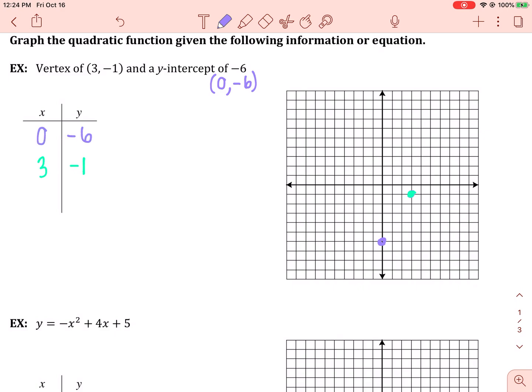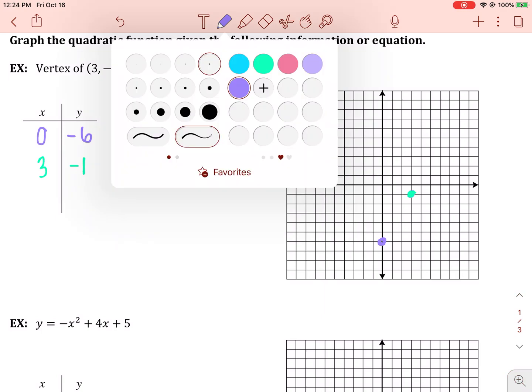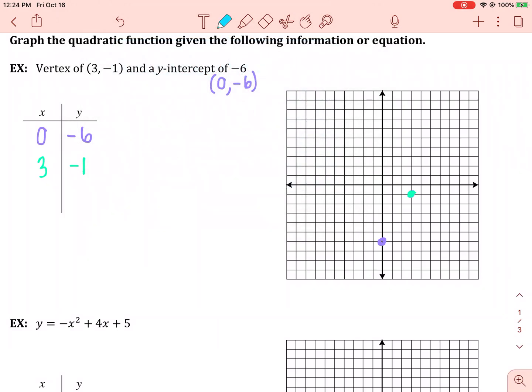And now I need to find a point on the right. You really could plug in any x value that's greater than 3. I'm going to be smart about it though because I want to find, I'll go to blue, the symmetric point. Let's make our lives easy. If you notice, there are 3 units in between the vertex and my y-intercept.